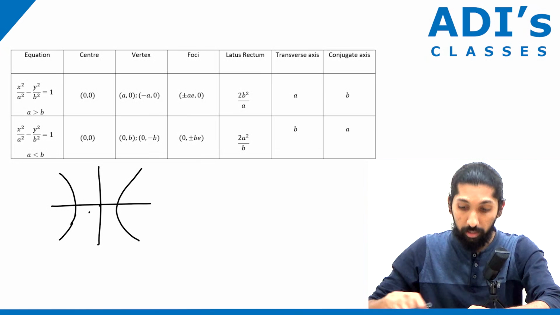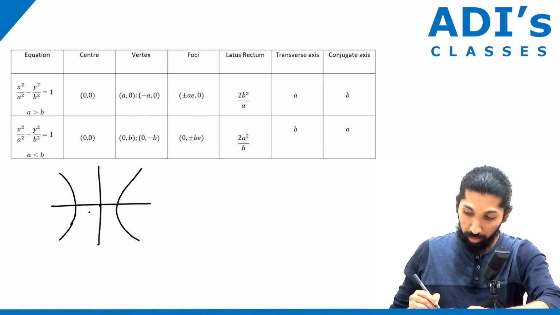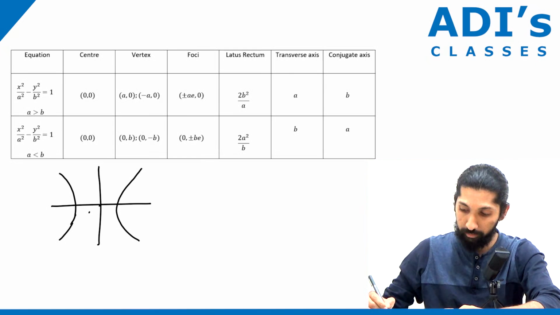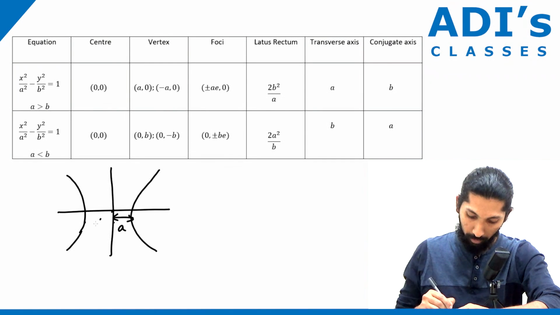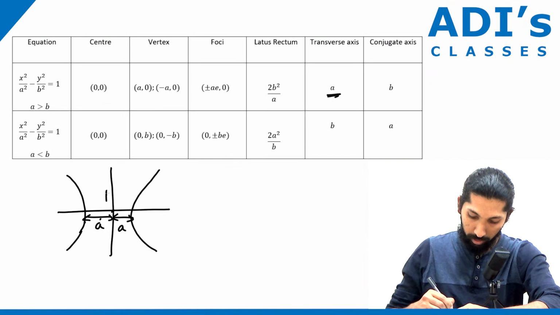Same thing. Now here we have the transverse axis. Remember, whenever we talk about the transverse axis, it is the distance from the center to the vertex. Correct? That is this distance. See, this is a. So transverse axis is just a. Conjugate axis is going to be b here.